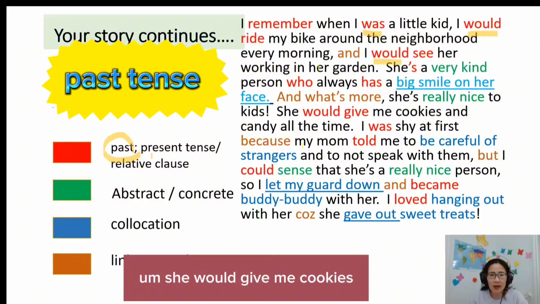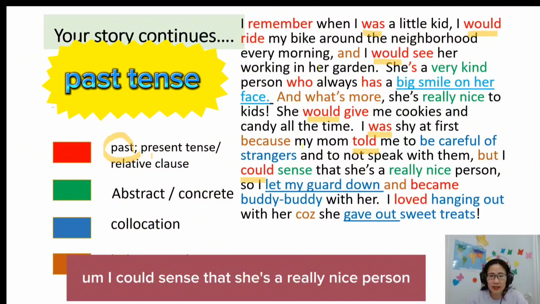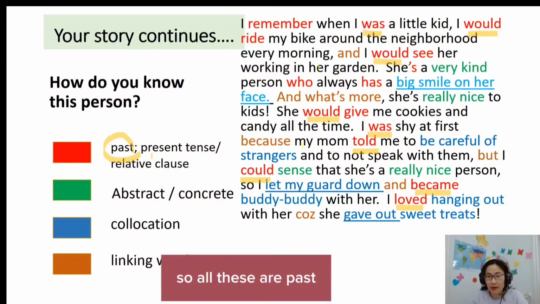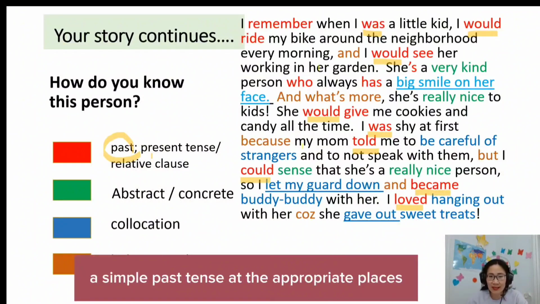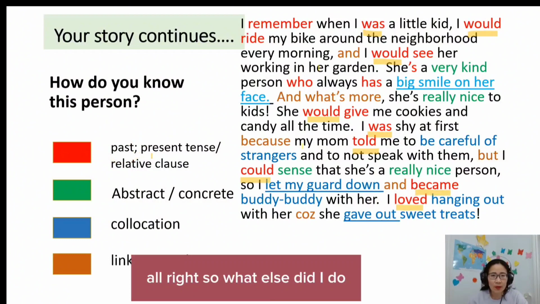She would give me cookies. I was shy at first. My mom told me. I could sense that she's a really nice person, and we became buddy-buddy. I loved hanging out with her. So all these are simple past tense at the appropriate places. All right, so what else did I do?